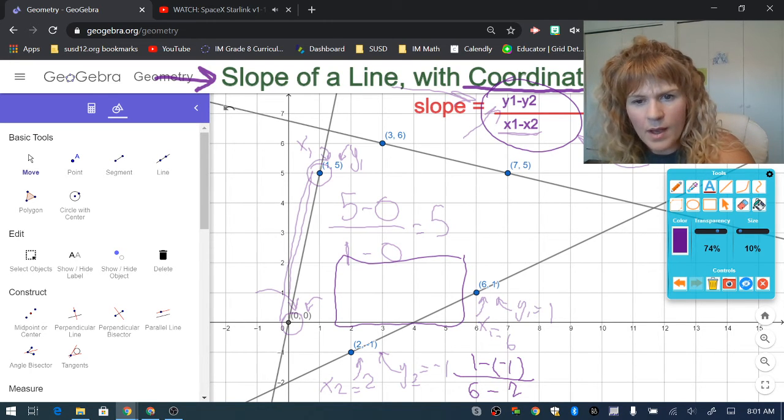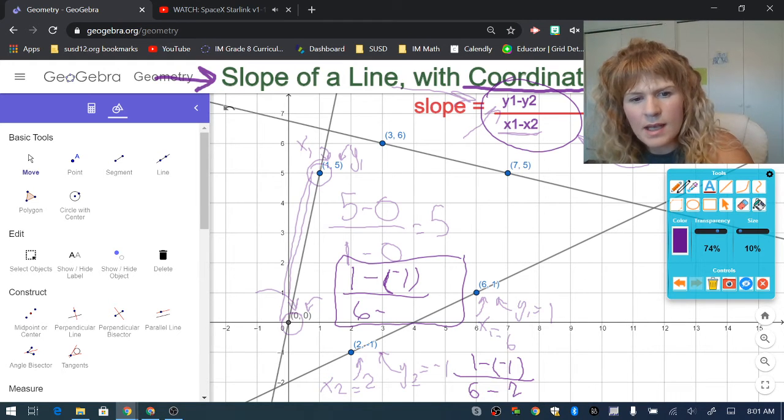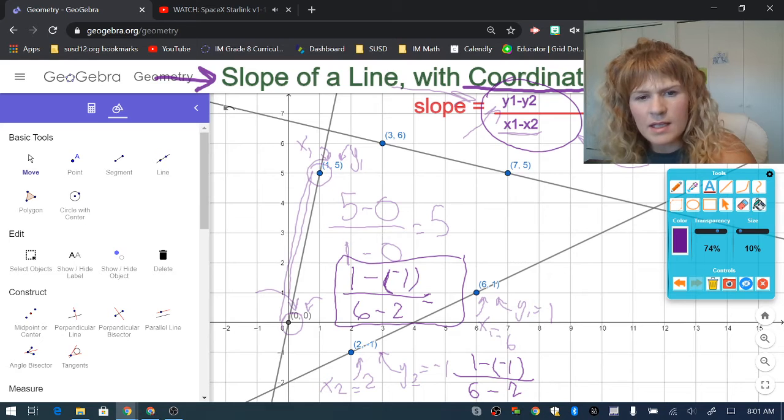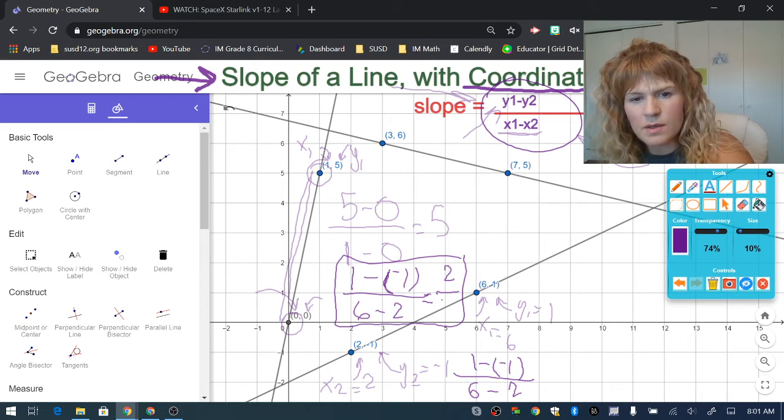Okay, again, y1 here is 1 minus y2, that's minus -1 in parentheses so it's not confusing, divided by x1 equals 6 minus x2 equals 2. The slope of this line is 1 minus a -1 equals 2, divided by 6 minus 2 equals 4.